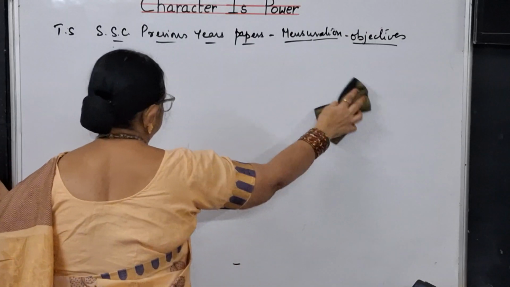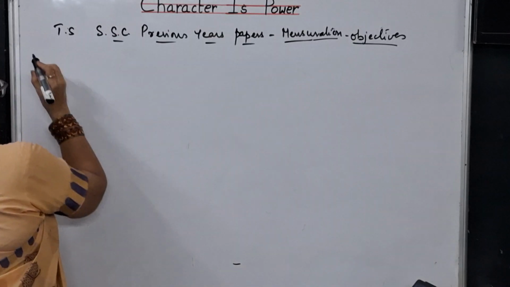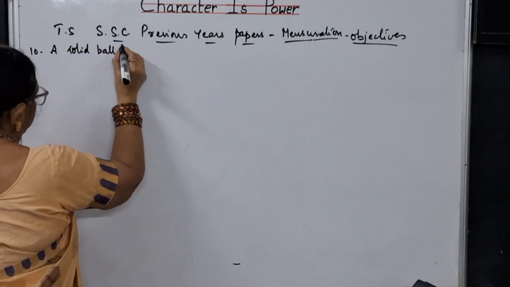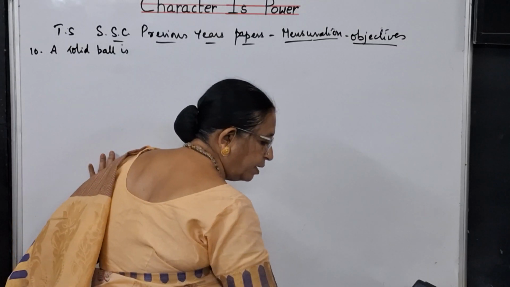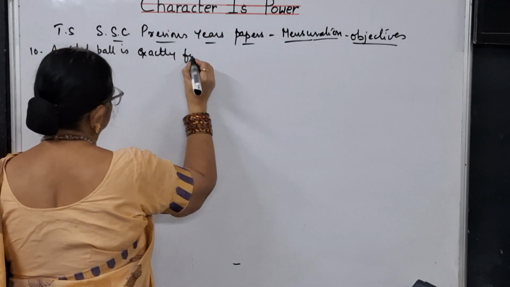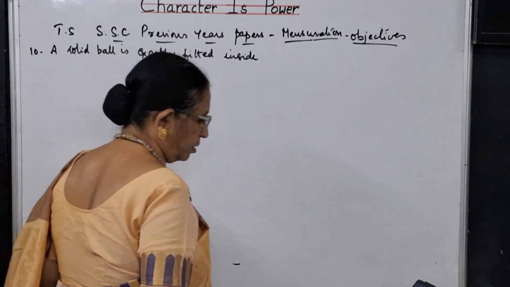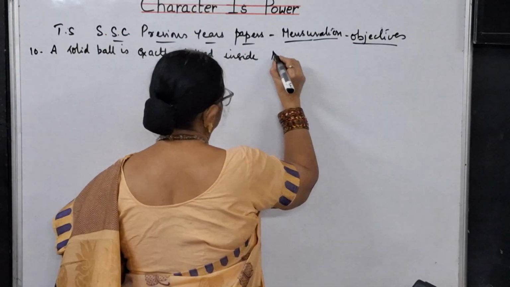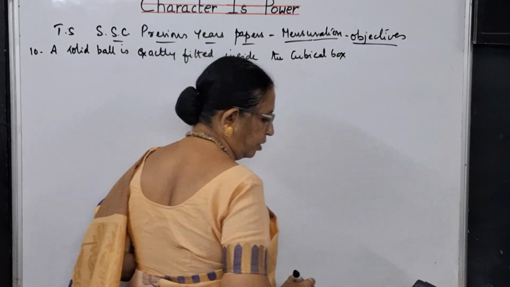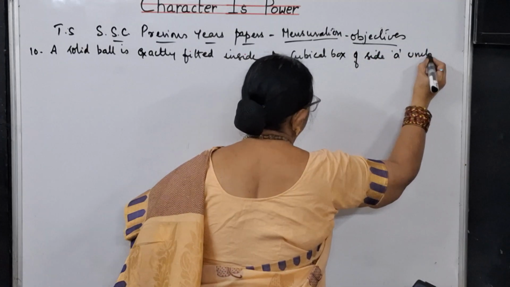Now 10th problem. A solid ball is exactly fitted inside the cubical box of side A units.